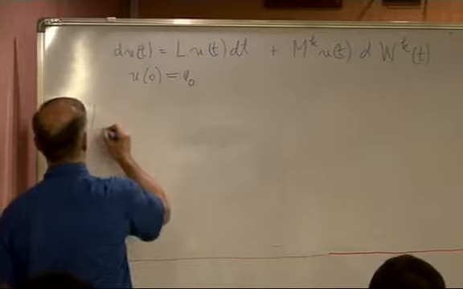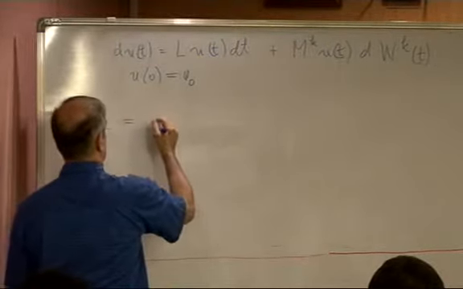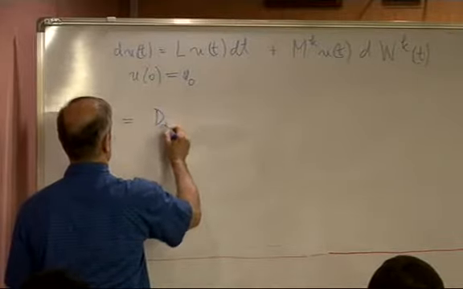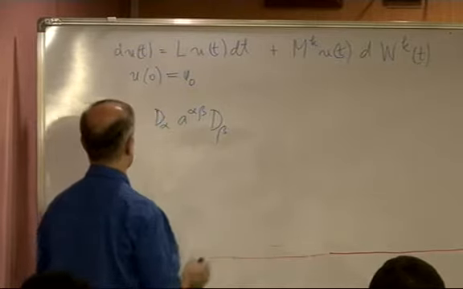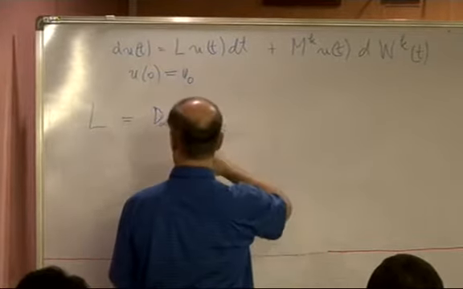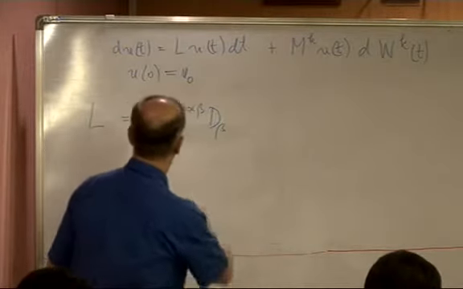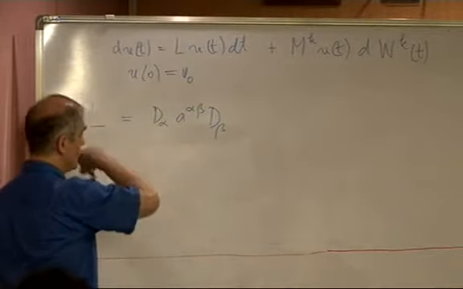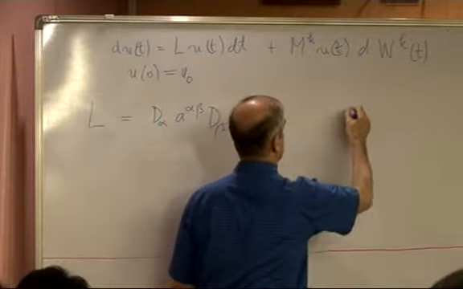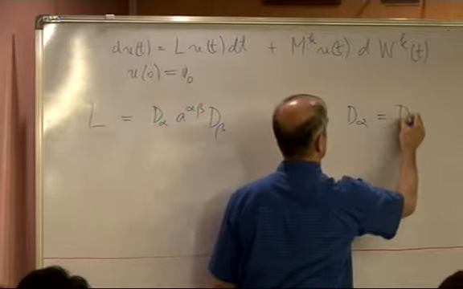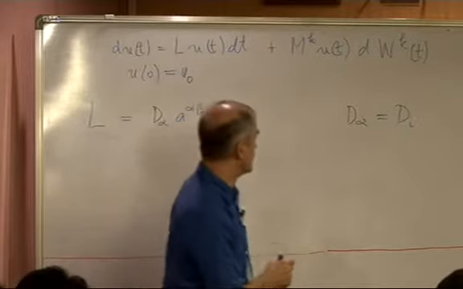Let me write L. In general, it is of this form. And here my notation is that there is a summation with respect to alpha and beta, where D_alpha means the derivative in the direction of the i-th coordinate.